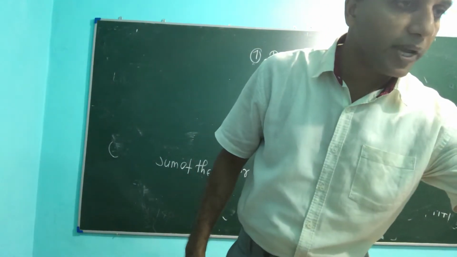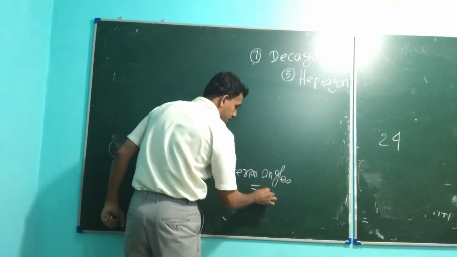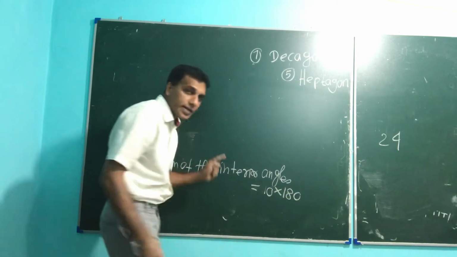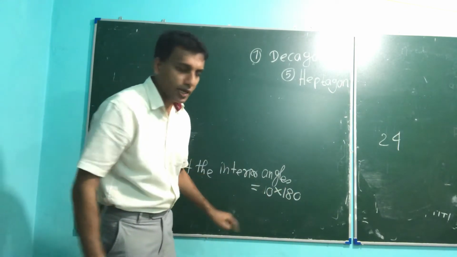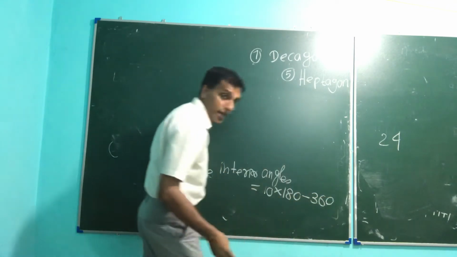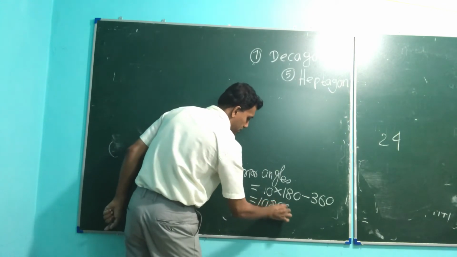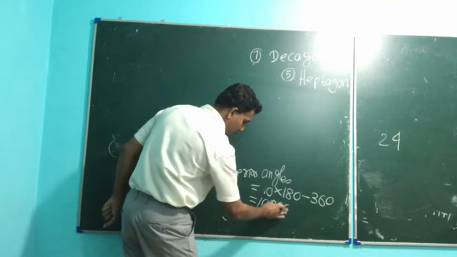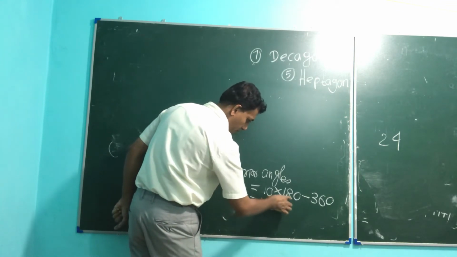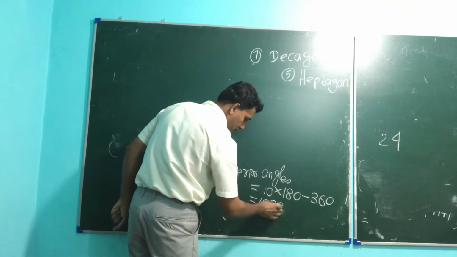Therefore what is the straight answer? 10 triangles, 180, 10 times 180, subtract the 360. Okay, so what is the answer? 180 multiplied by 10 is 1800, minus 360 is 1440. This is my mistake.